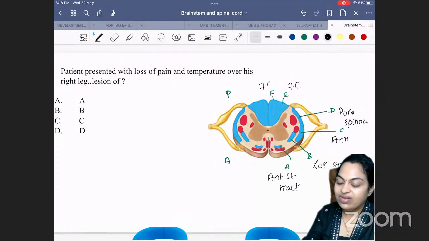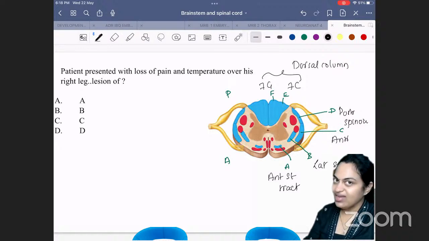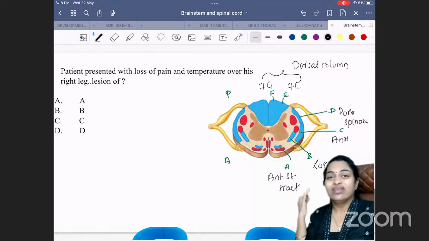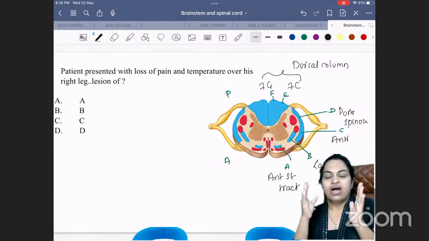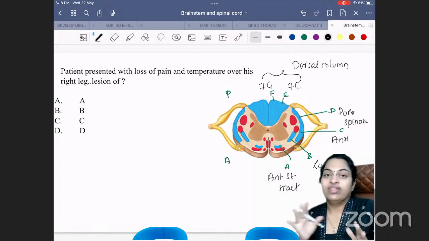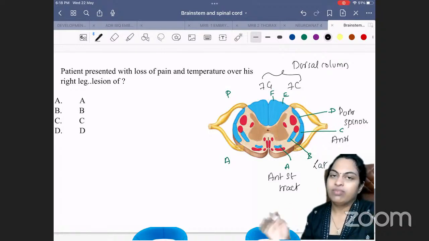F will be fasciculus gracilis. And both together we call it the dorsal column or the posterior column. Am I right? You must have learned it in your neurophysiology and neuroanatomy, isn't it? So this is very, very important, the identification of the tracts. So you'll be able to identify.